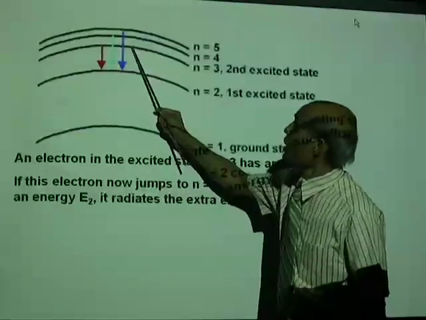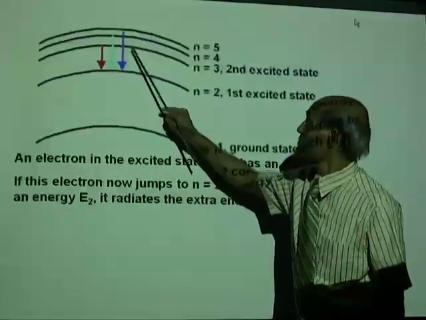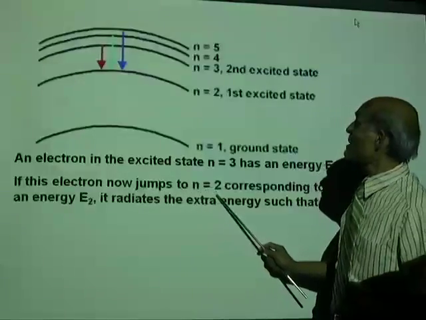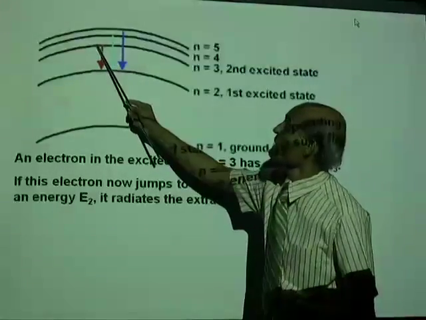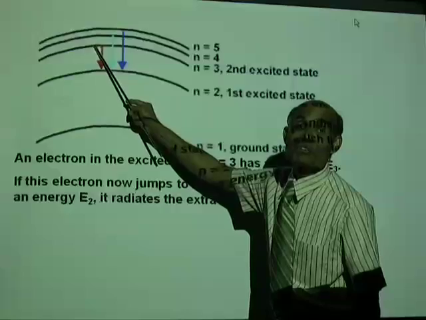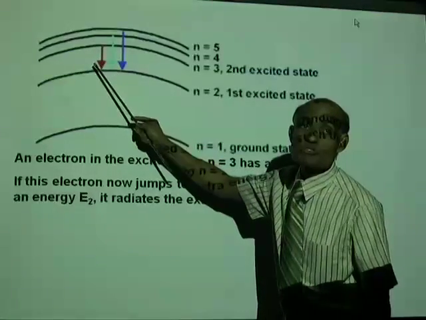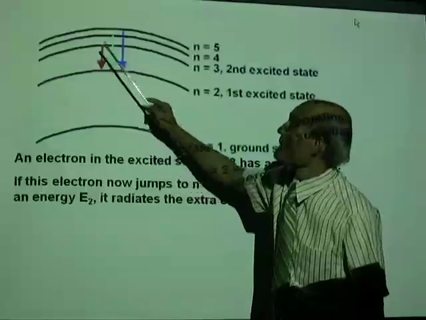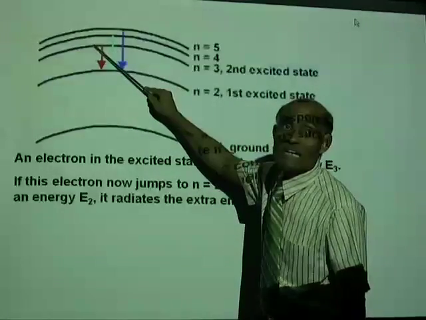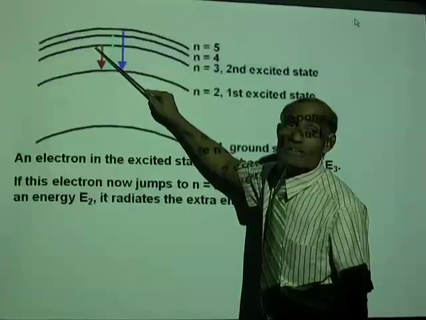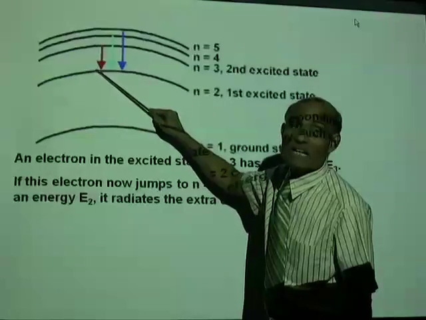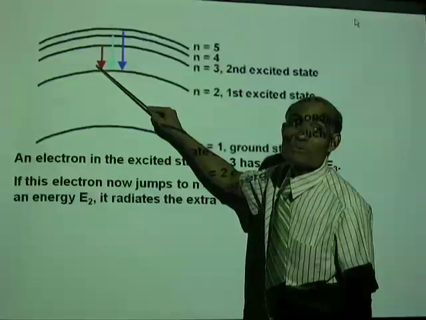Now, if this electron, which has an energy E3, jumps from the level n equal to 3 to n equal to 2, that means an electron here has an energy E3. If it comes here, it can only have an energy E2.